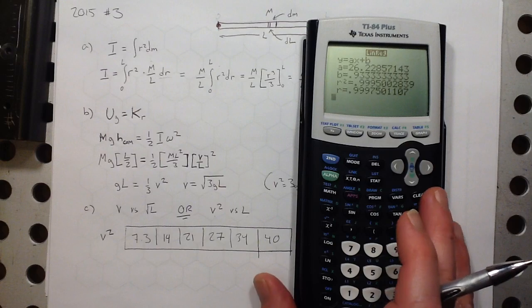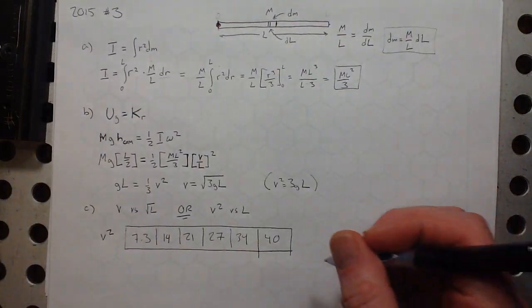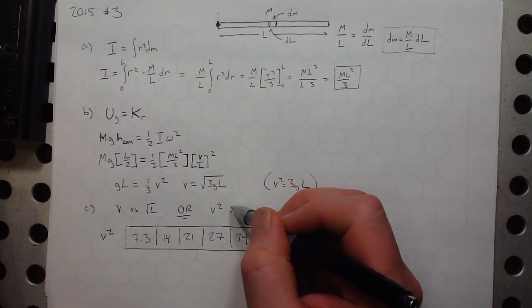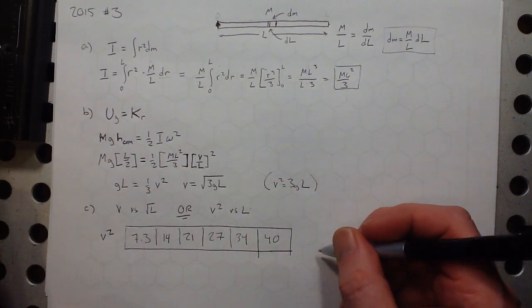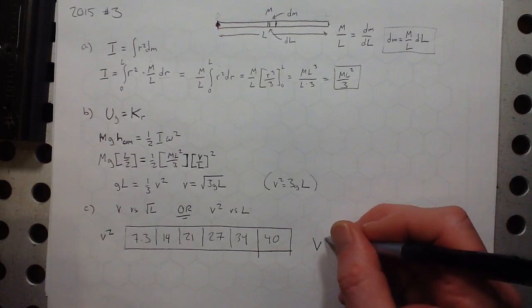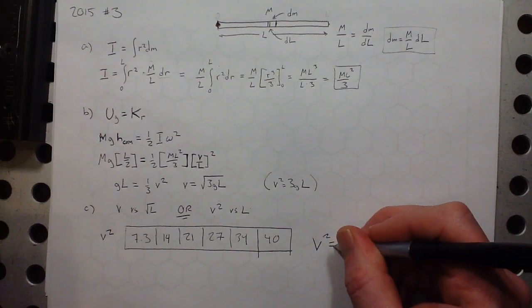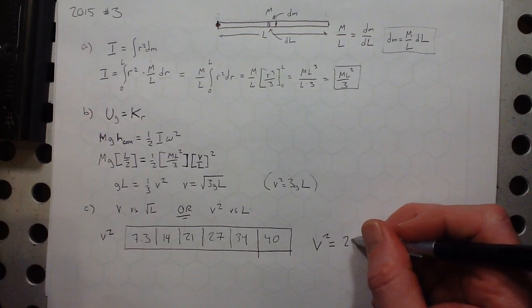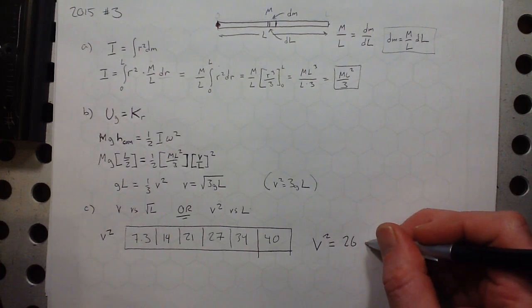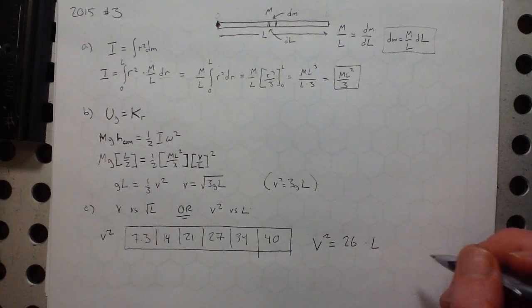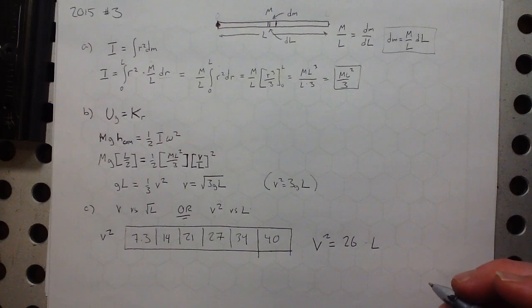And it looks like I've got a line that, now my line's going to be of the form v squared equals slope times L. So that gives me v squared is equal to the slope, which looks like my slope is about 26 times L. And I have a small intercept here.